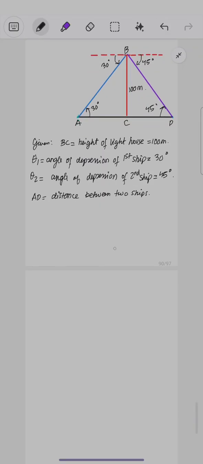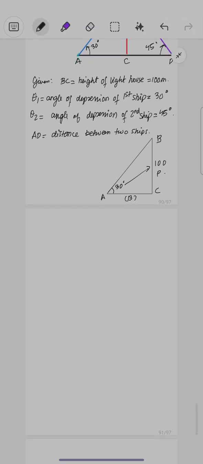Solve the triangles. In right triangle ACB, angle C is 90 degrees, and tan 30 is perpendicular over base: tan 30 equals BC by AC.